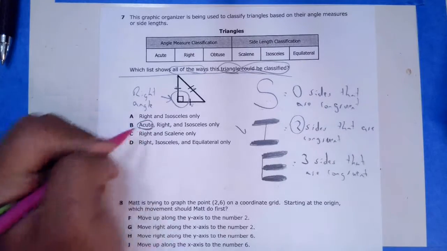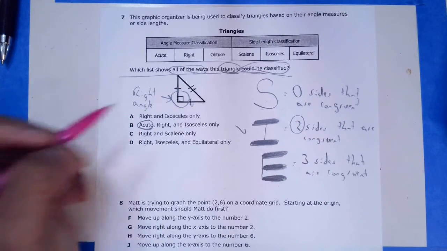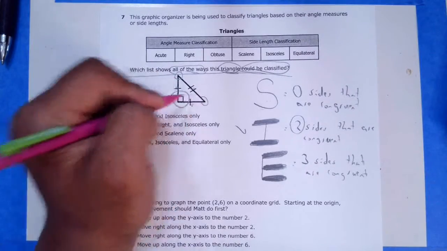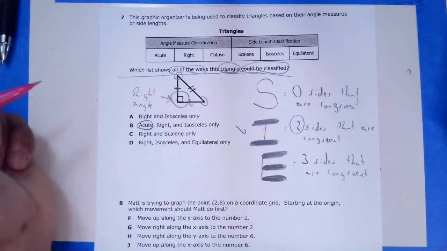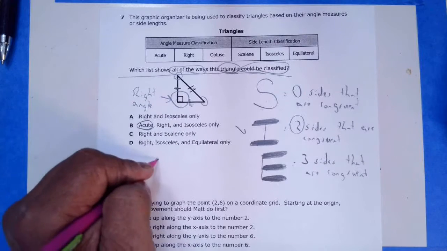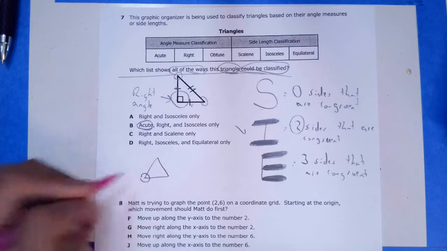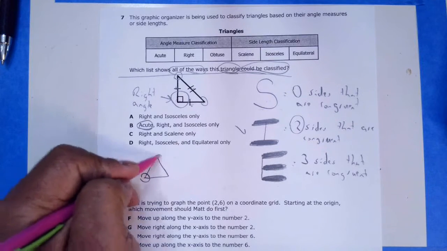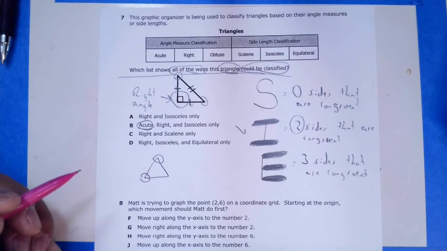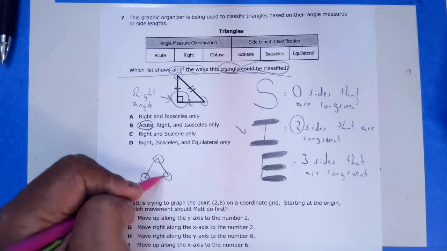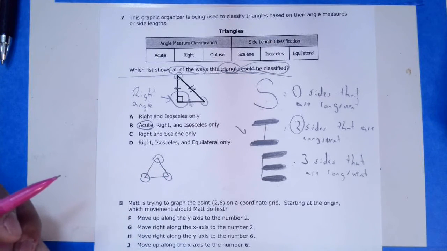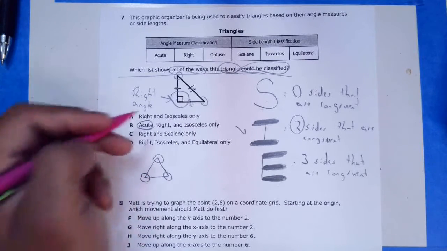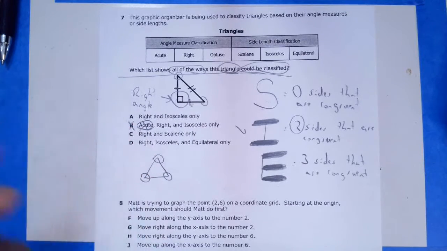No. If it's an acute triangle, that means all the angles have to be acute. That one's a right. Here's an acute. See that? A little angle. Aw, how cute. Acute. Little angle. On an acute triangle, all the angles have to be acute.